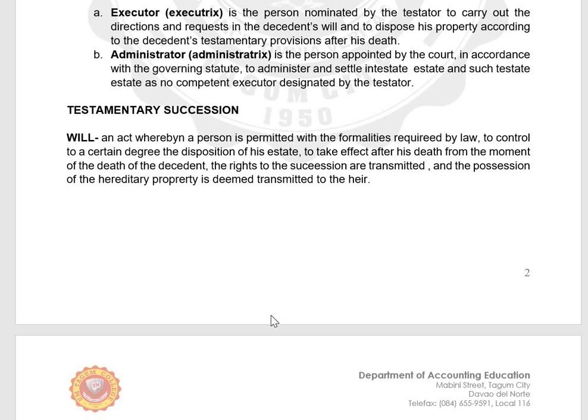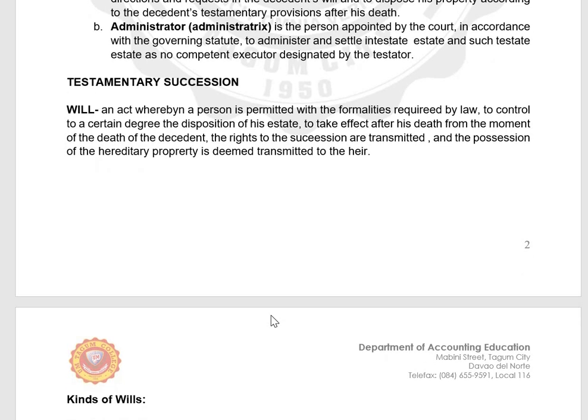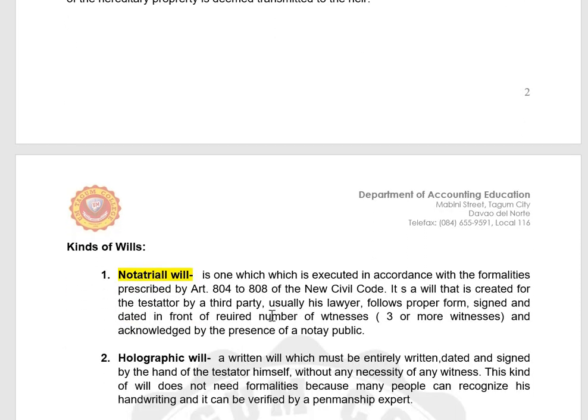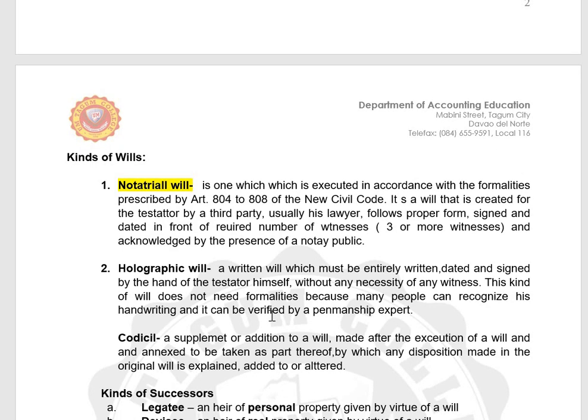From the moment of the death of the decedent, the rights to the succession are transmitted and the possession of the hereditary property is deemed transmitted to the heir. Okay? So, what are the kinds of wills?